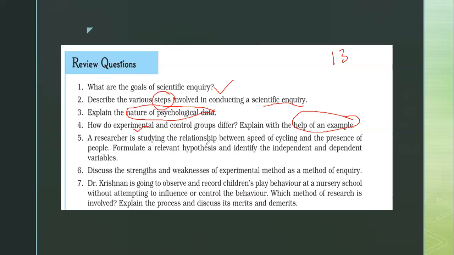A researcher is studying the relationship between speed of cycling, like you are riding a cycle, and the presence of people. Formulate a relevant hypothesis and identify the dependent variable.